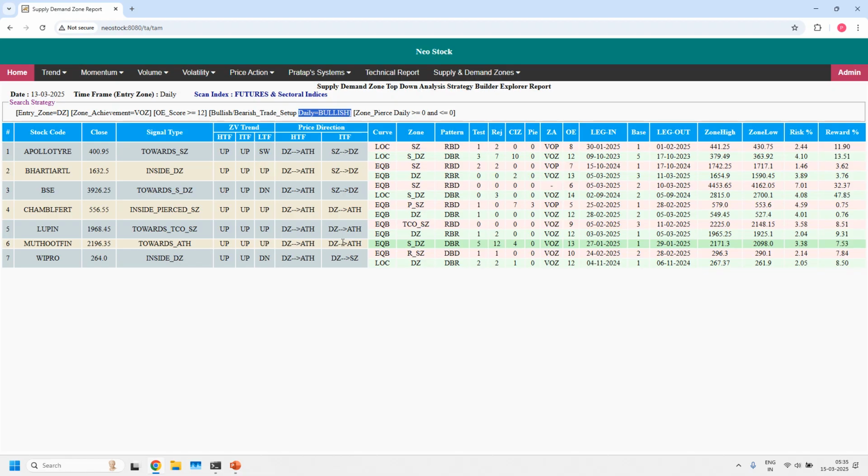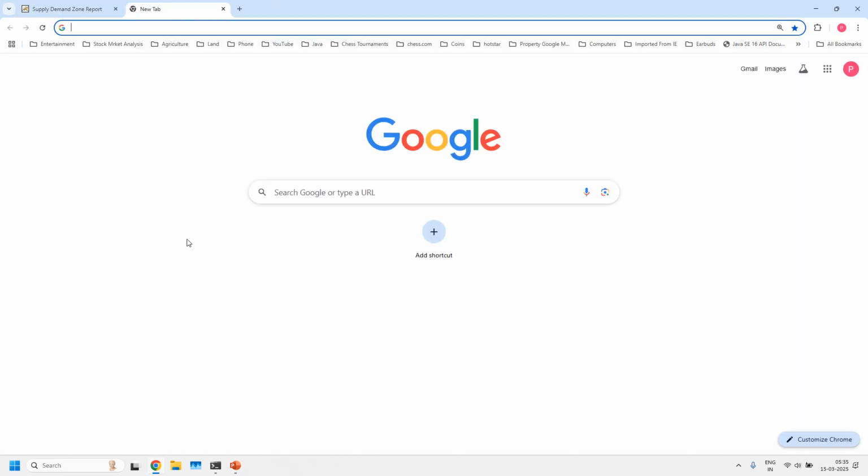So what is the next step? The next step is you go to your TradingView, or any charting application.